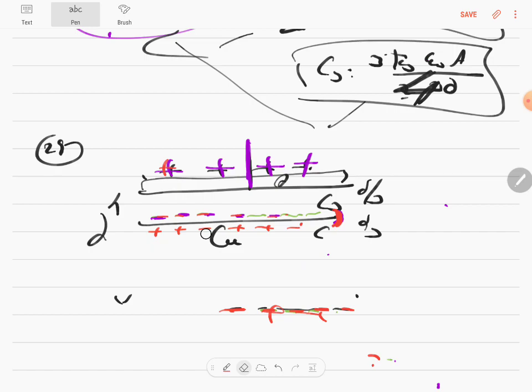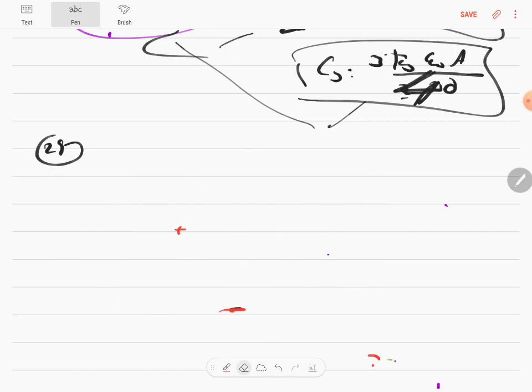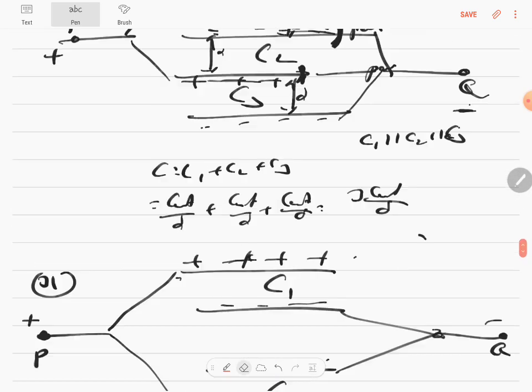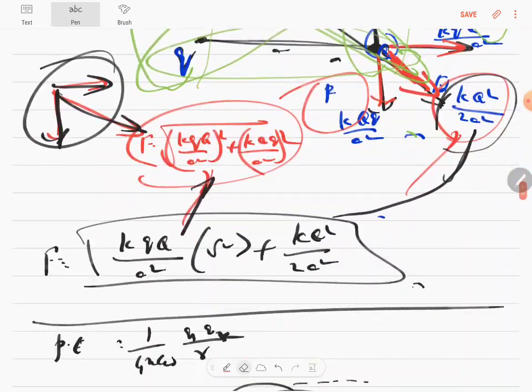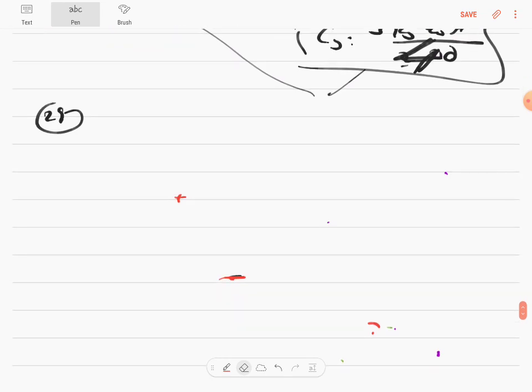One second, hold on, I want to redo the sum. Okay, where a copper plate and a dielectric slab are inserted, find the equivalent capacitance of this arrangement. This is positive, see.